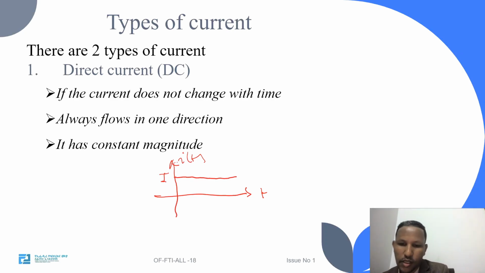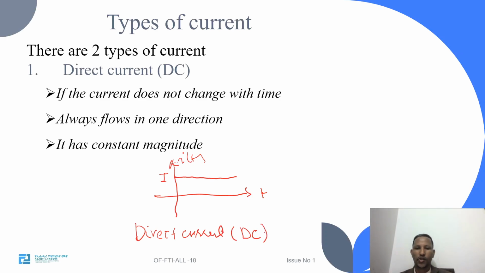As you can see, this is direct current, or DC current. When time goes to infinity, the current magnitude will be constant, and the current flows in one direction.